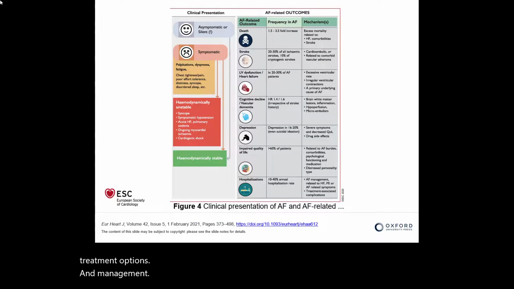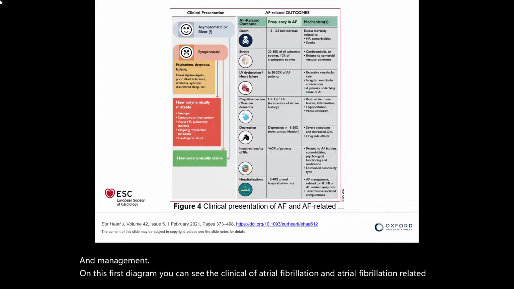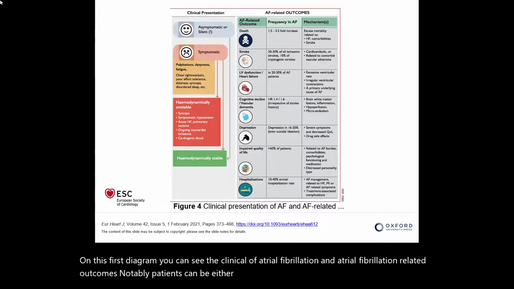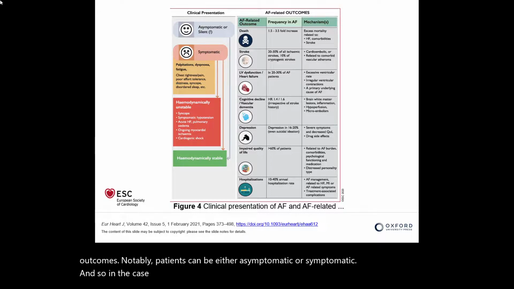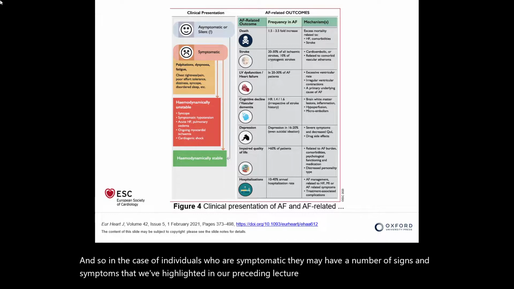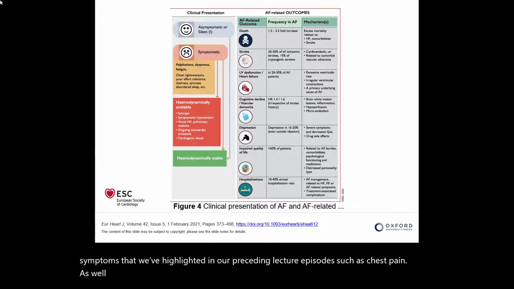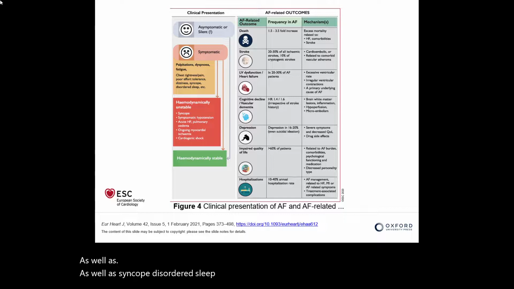On this first diagram, you can see the clinical presentation of atrial fibrillation and atrial fibrillation related outcomes. Notably, patients can be either asymptomatic or symptomatic. And so, in the case of individuals who are symptomatic, they may have a number of signs and symptoms that we've highlighted in our preceding lecture episodes, such as chest pain, as well as syncope, disordered sleep, dizziness, other comorbid states such as heart failure.